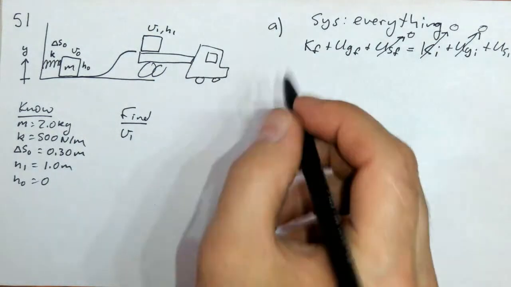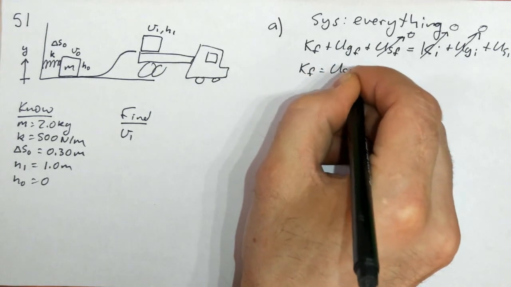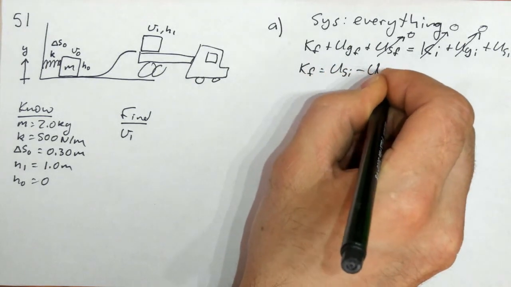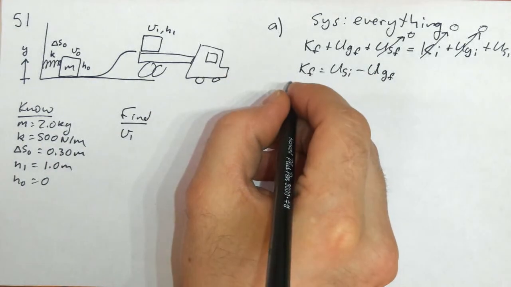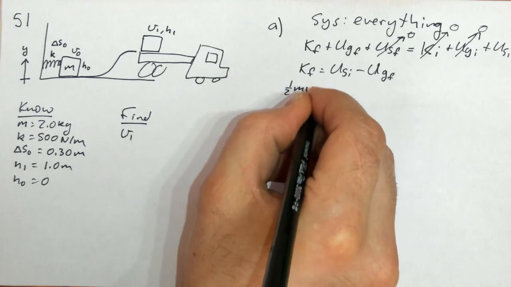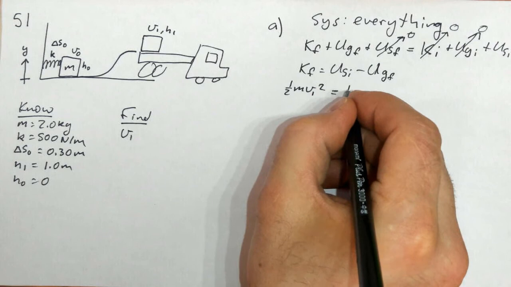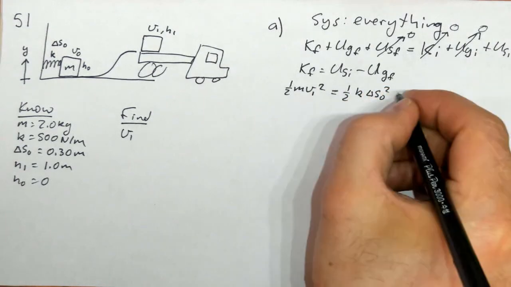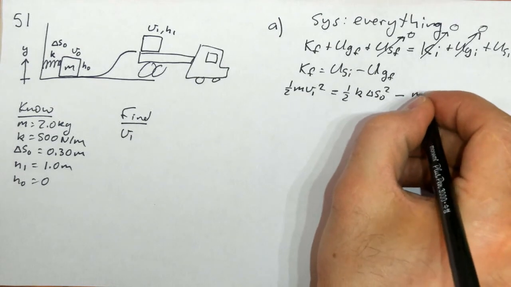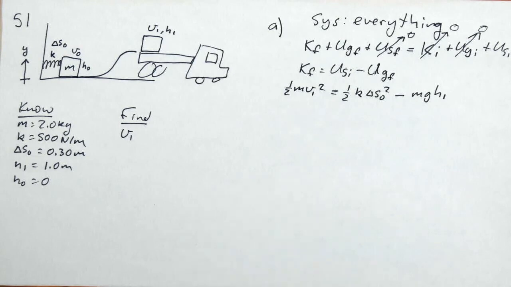So we can now use this to solve for K final. K final equals US initial minus UG final. And rewriting those in terms of their definitions, 1/2 m v1 squared equals 1/2 k delta S0 squared, minus UG final, which is m g h1.